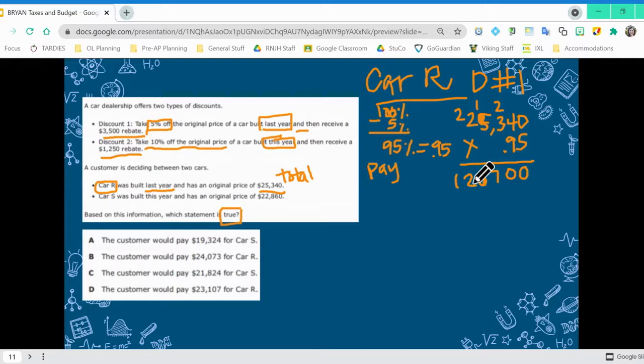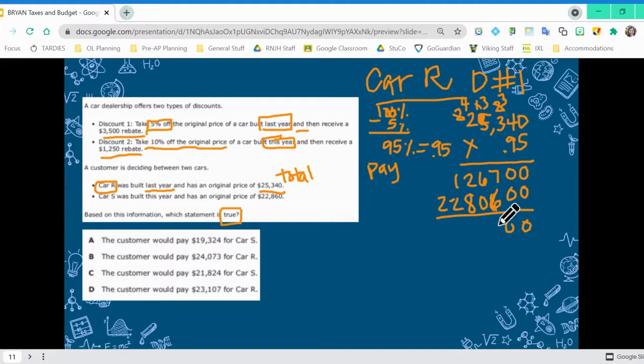Got my first row. Then I'm going to start with the 0. And 9 times 0 is 0. 9 times 4 is 36. Carry my 3. 9 times 3 is 27 plus 3 is 30. Carry my 3. 9 times 5 is 45 plus 3 is 48. Carry my 4. 9 times 2 is 18 plus 2 plus 4 is 22.